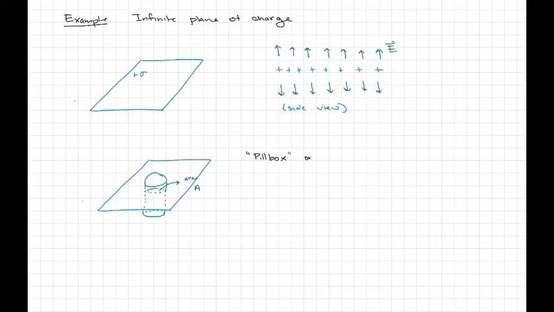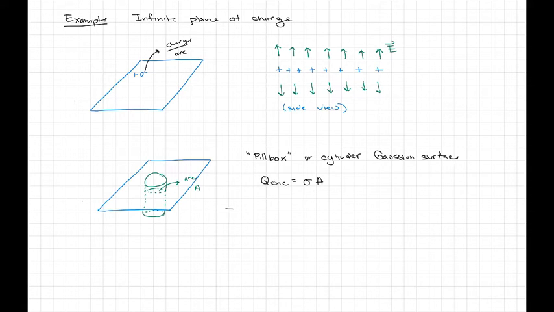Pillbox or cylinder, and this is what's called a Gaussian surface. It's an imaginary surface that we're using to do math. Okay, this particular surface, the amount of charge we have enclosed is going to be equal to our charge per surface area. That's what this is. So remember, this is the charge per area times the actual area we enclosed.